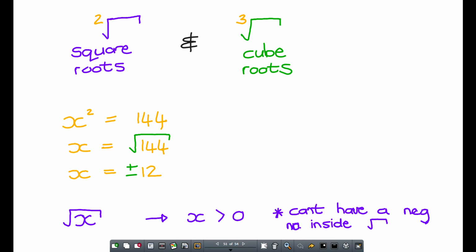Okay, can I skip? Negative number. Number inside square root.